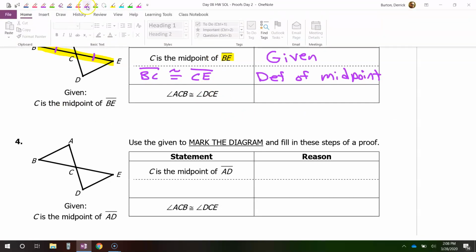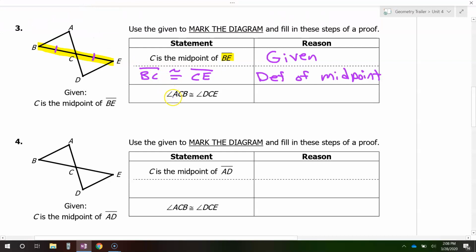Okay, so in addition, we have the fact that angle ACB is congruent to angle DCE. Now, that's not given, so how do we know that's true? Well, where is this? And let me get rid of this yellow.